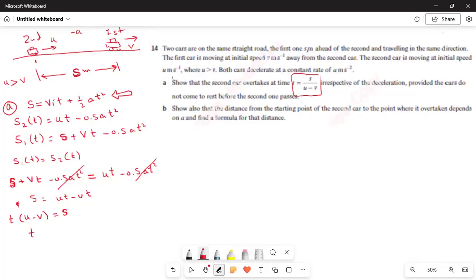So t is going to be s divided by u minus v.